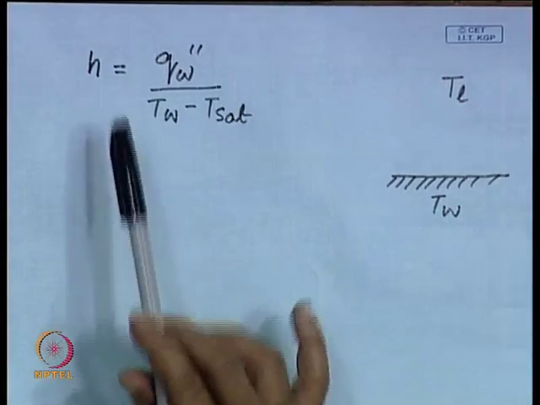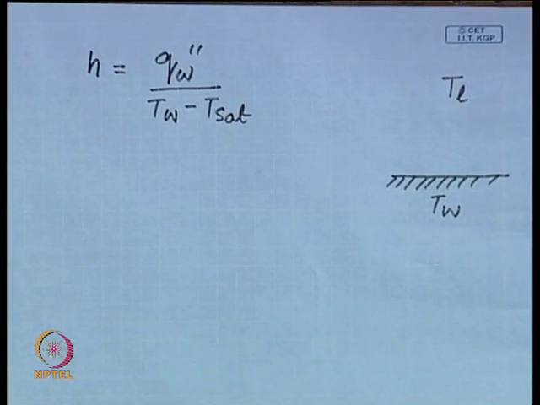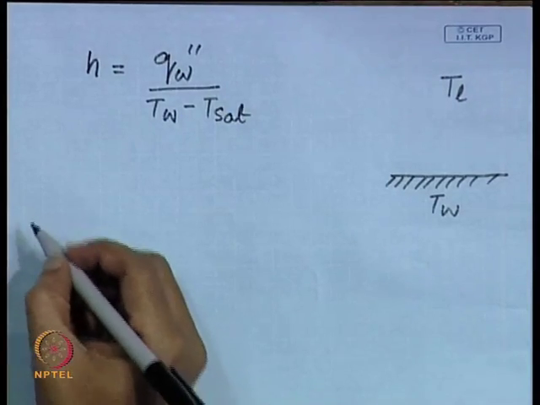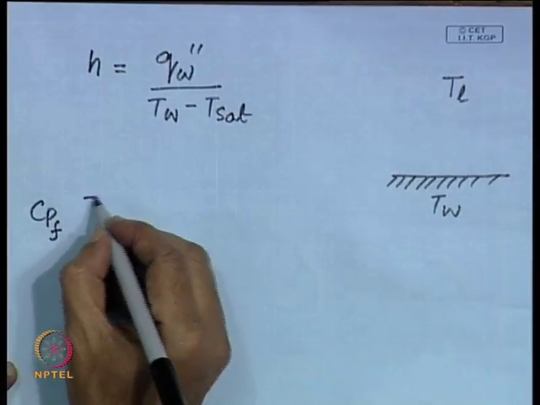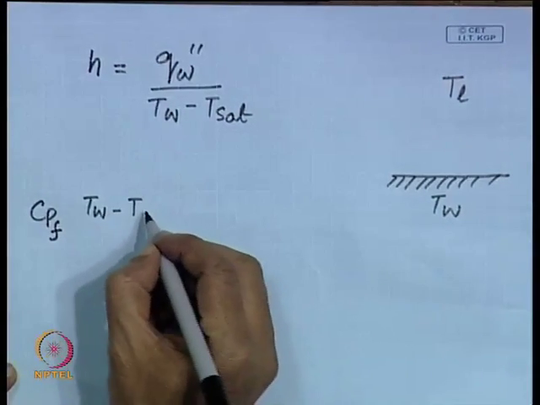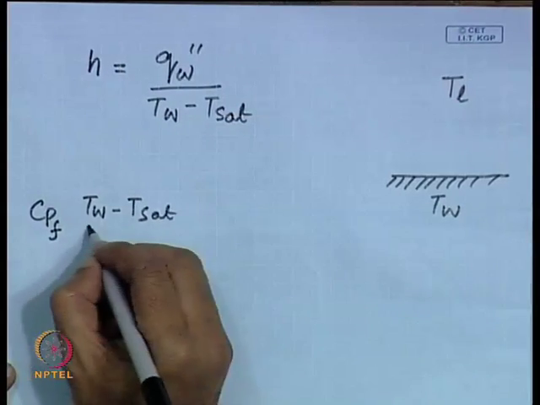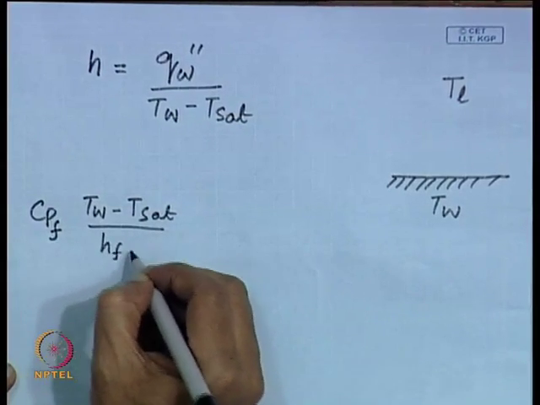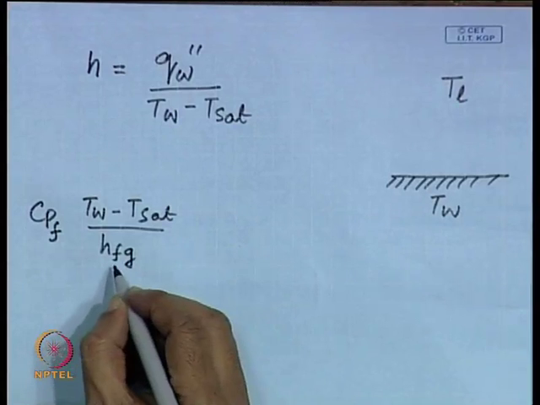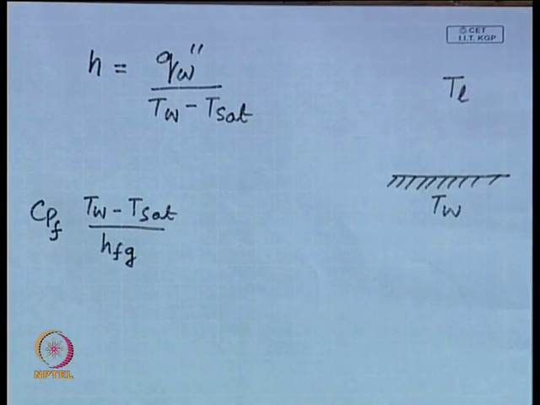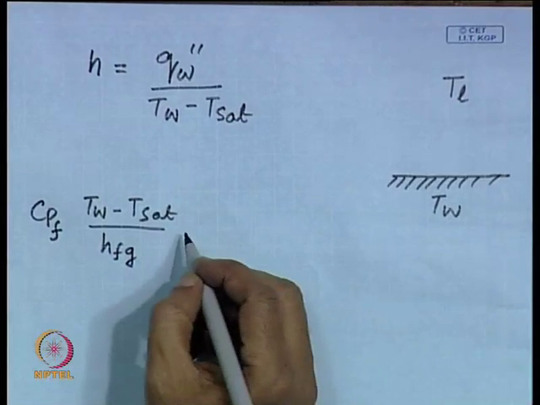So, you see, this is how the basic definition of the heat transfer coefficient can be obtained. Now, putting all these things together, one can have Cp_f, or L, that is the liquid side, times (T_w minus T_sat), divided by h_fg, which is your latent heat of vaporization. Again I am telling you, f represents the liquid and g represents the vapor.